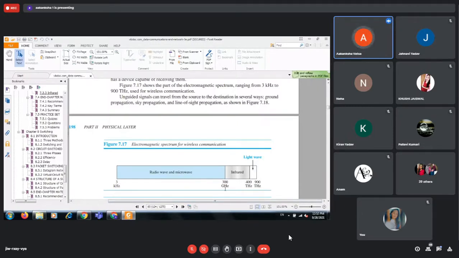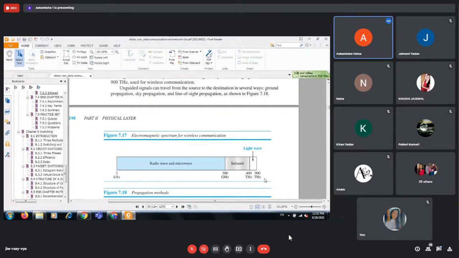So these are the ranges: radio wave and microwave, infrared, and then the light wave. The highest spectrum of EM waves is for light waves, the highest ranges, 400 to 900 terahertz.